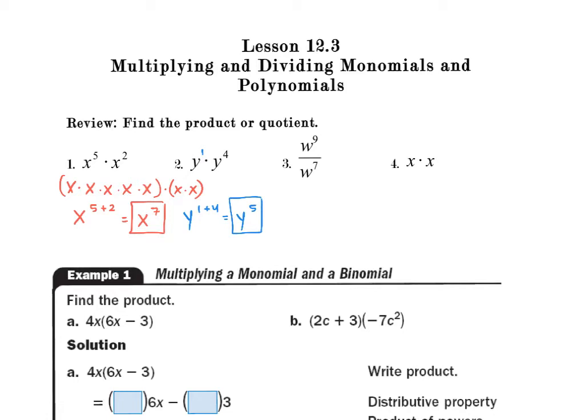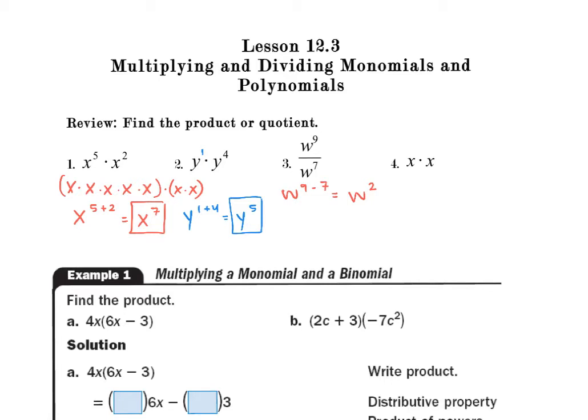And so w divided by w is 1. So essentially you'd be able to cross off 7 pairs of w's and only be left with 2 on the top. Or the other way of thinking about that is it is w to the 9 minus 7, which is w squared.